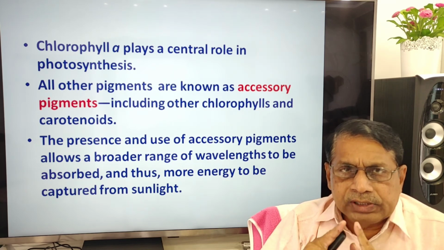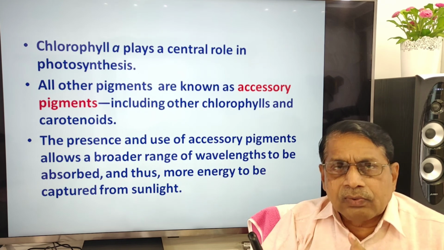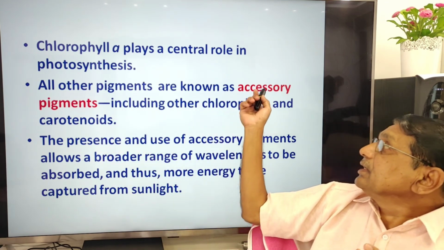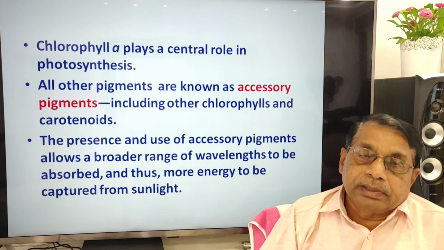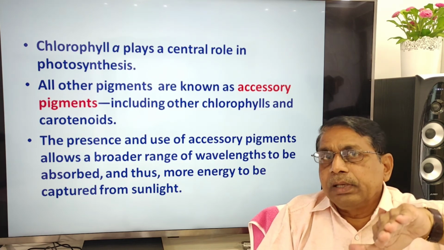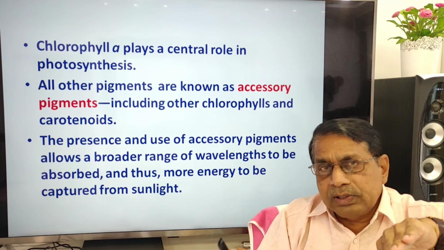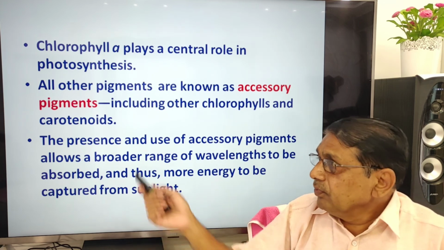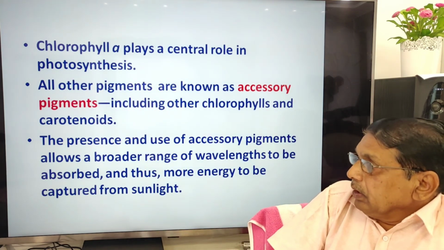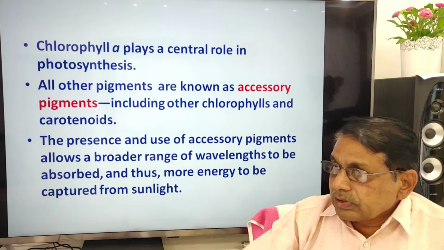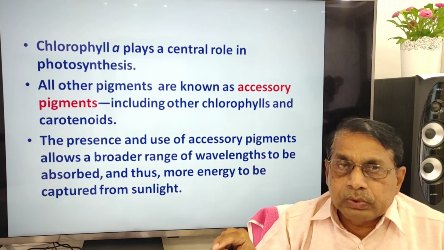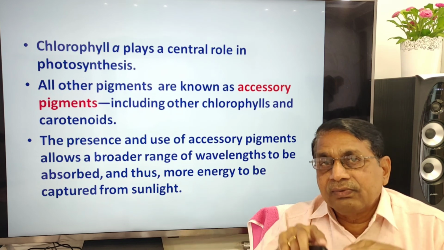All others, that is other types of chlorophylls, carotene and xanthophyll, are known as accessory pigments. Because of these accessory pigments, the plants are able to use the wavelengths of different visible light.